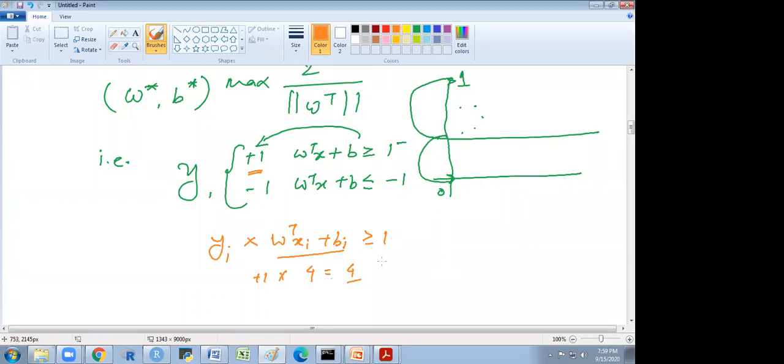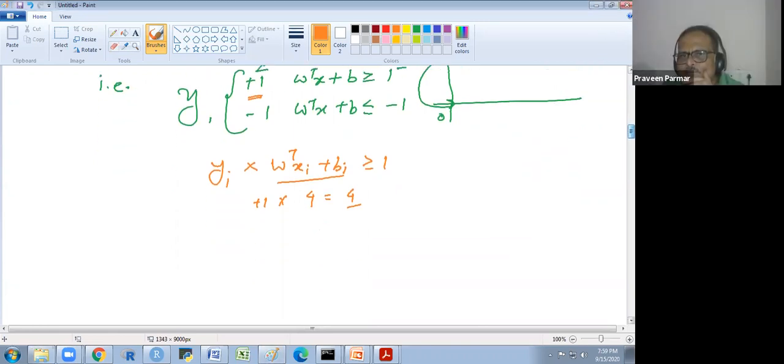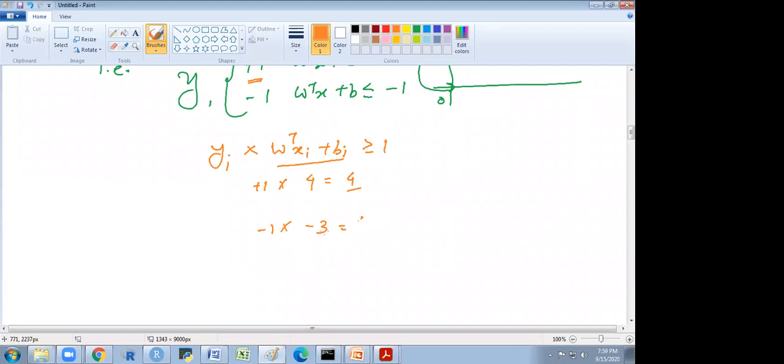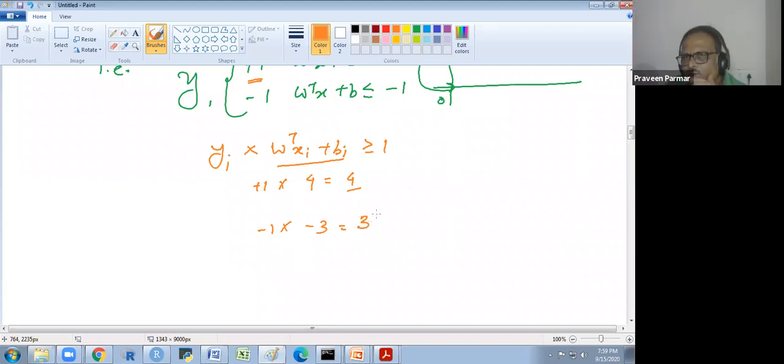Yes, sir. Okay. If you are getting it negative, suppose -3, then you multiply by -1. Then what do you get? Positive, plus 3. So you are always getting the plus value.